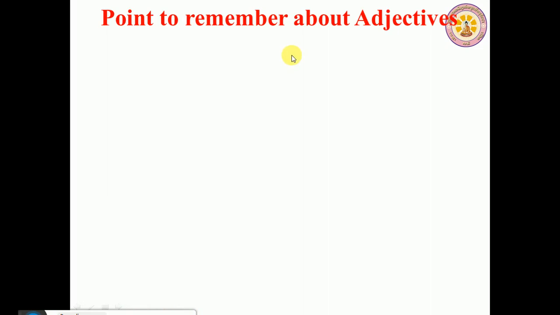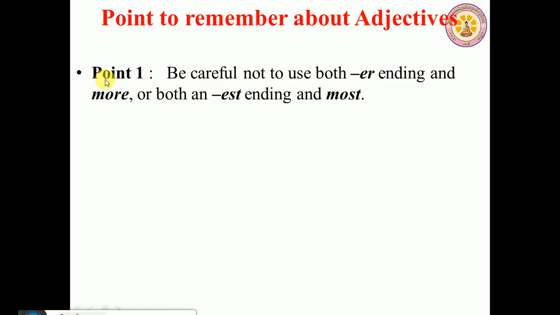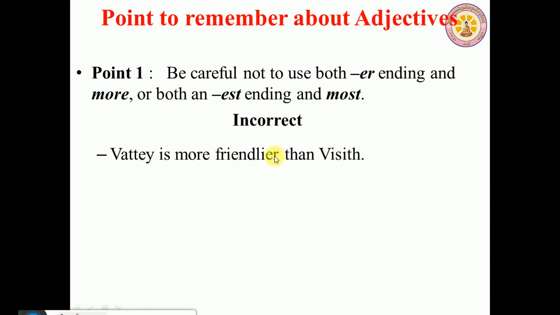Okay, points to remember about adjectives. Point one: be careful not to use both an -er ending and "more", or both an -est ending and "most". So we do not use -er and "more" together, or -est and "most" together like that. There's an example here.